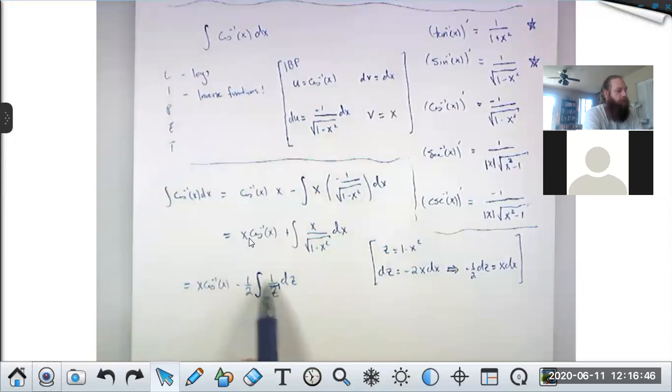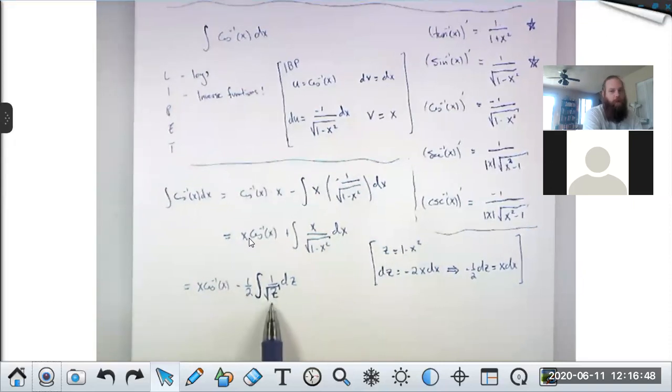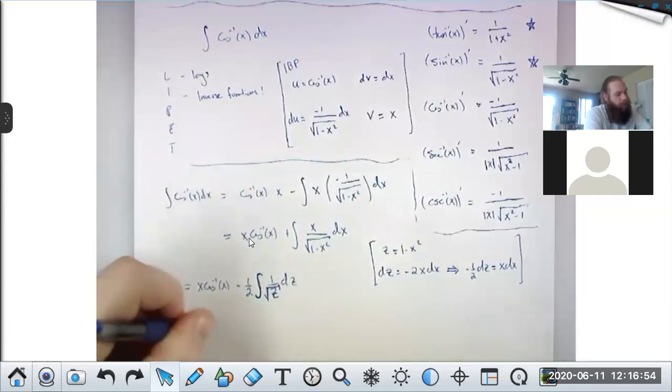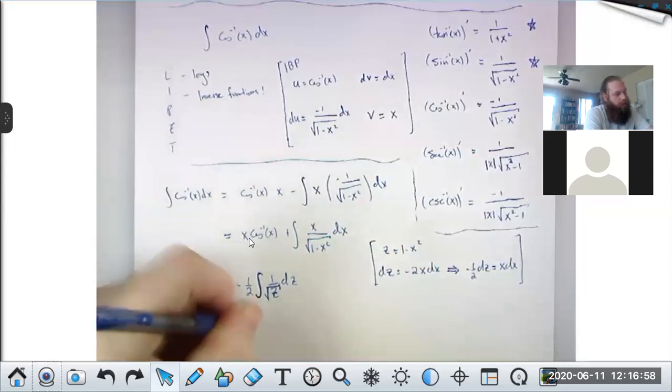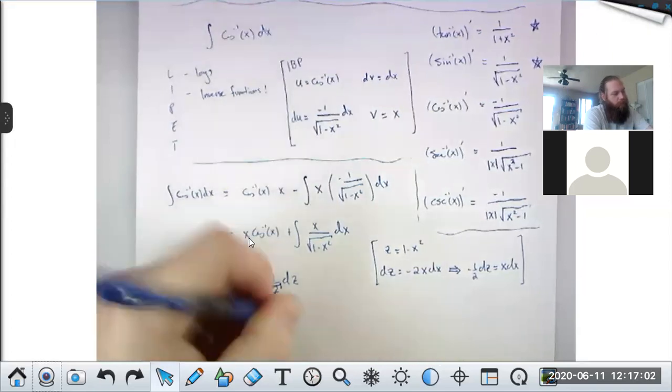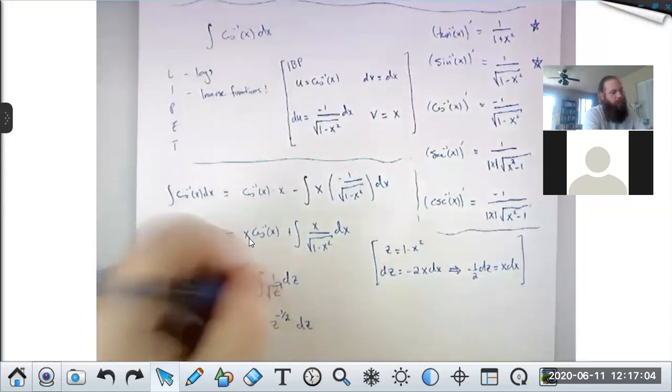But now that this is just 1 over the square root of your variable, no wonky business down here, I can write this as a power function. It's z to the negative 1/2. Yeah, exactly. Yep, just like that.